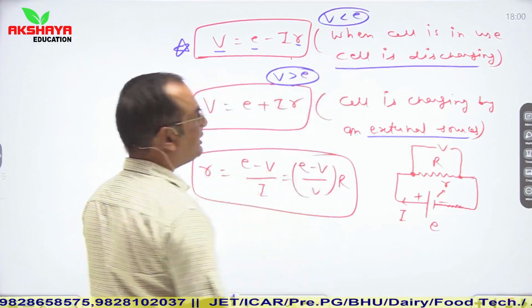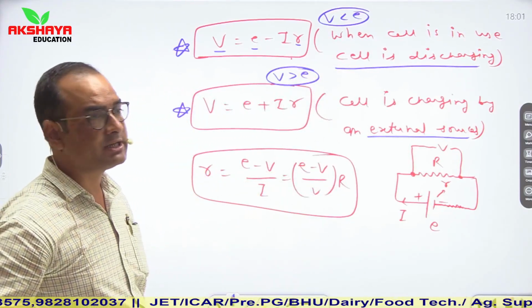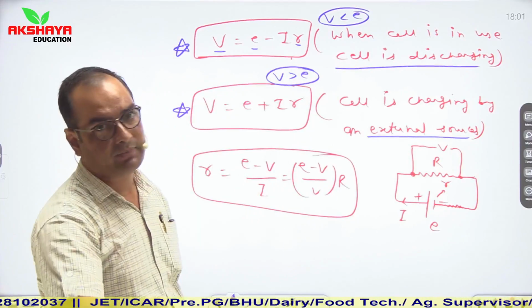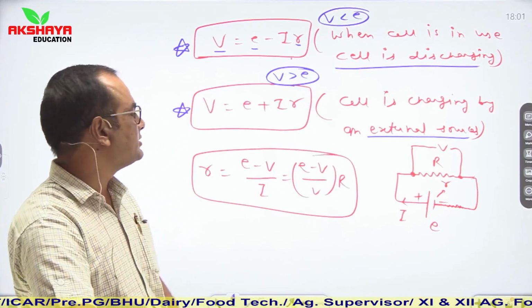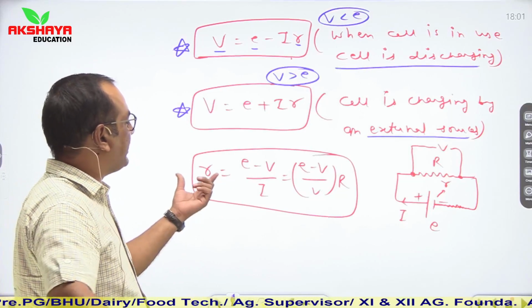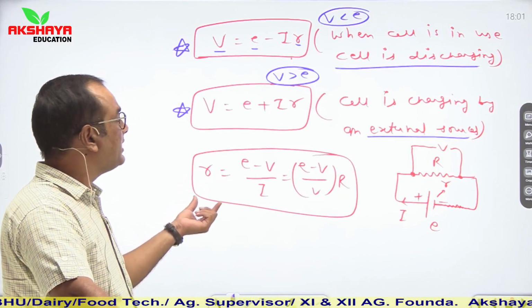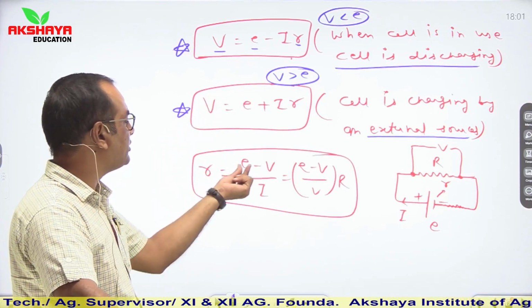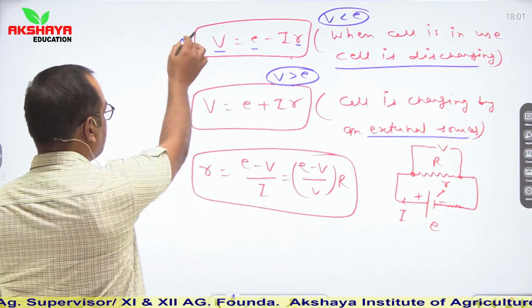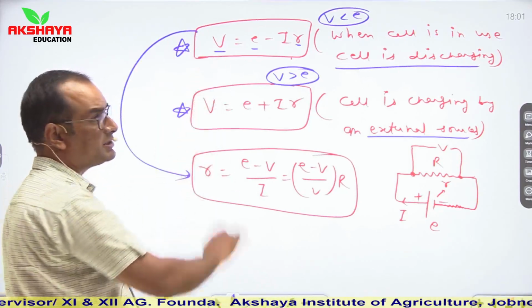And what is that factor which increases or decreases this relation? That factor is IR, means potential drop due to internal resistance. So if we have to calculate internal resistance of the cell, then we can use this relation while discharging. So small r is equal to E minus V upon I. This relation is derived from case of discharging.